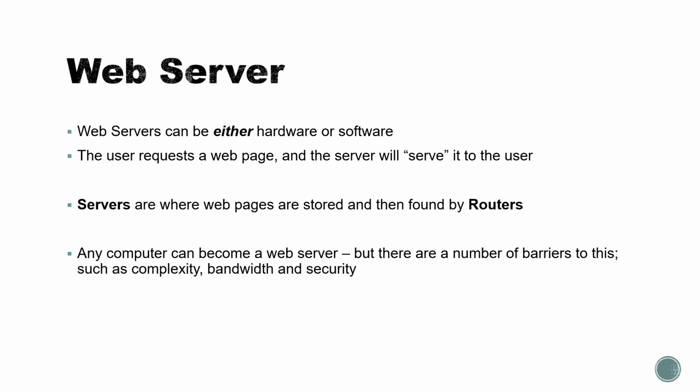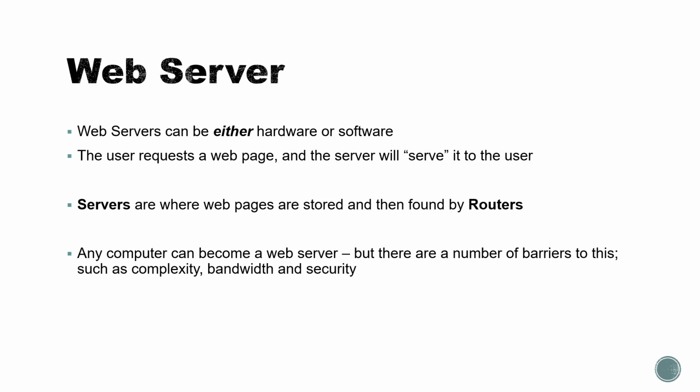So let's say, for example, I type in www.bbc.co.uk into my computer. Then that request is forwarded on to wherever that server may be. And then the BBC, they probably have multiple versions of it, and it's forwarded on by something called a router. You think of it almost as your sat nav.